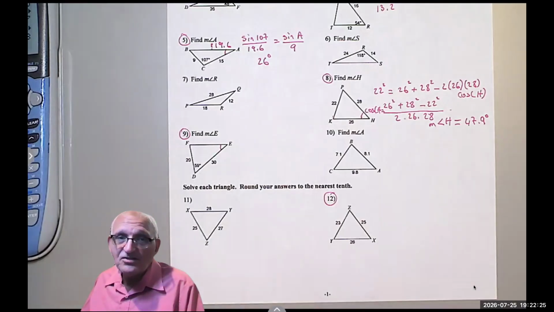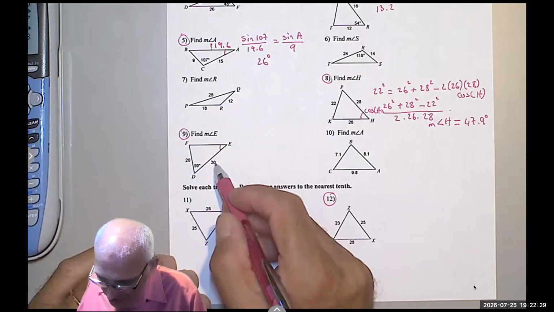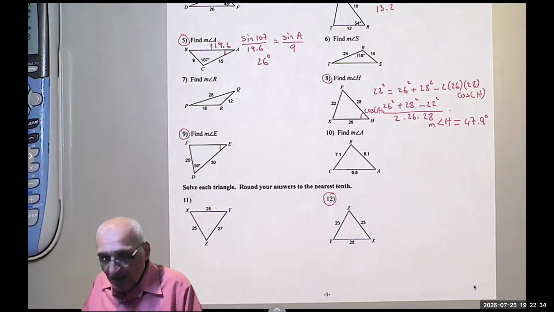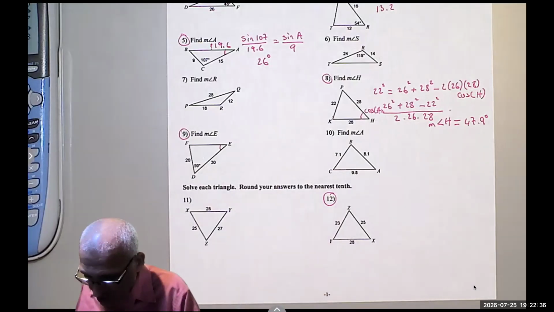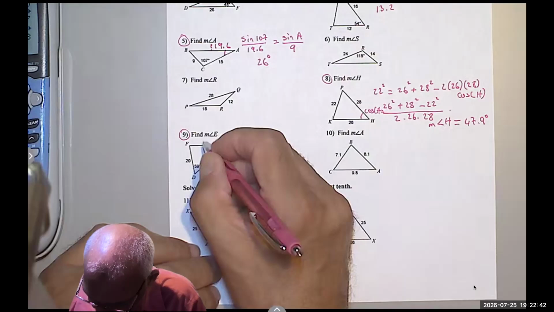I still cannot use the law of sines because I know these two sides, but I don't know the angle opposite to that. So first, I'm going to use the law of cosines to find this side.